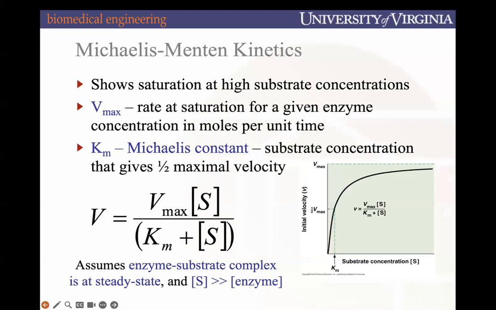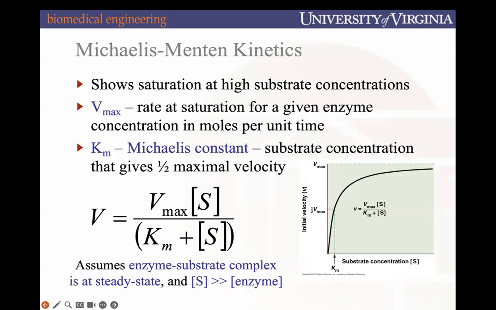So enzymes are a class of proteins that are meant to catalyze a reaction. They're meant to accelerate a reaction to occur beyond what would typically happen in the absence of this enzyme.